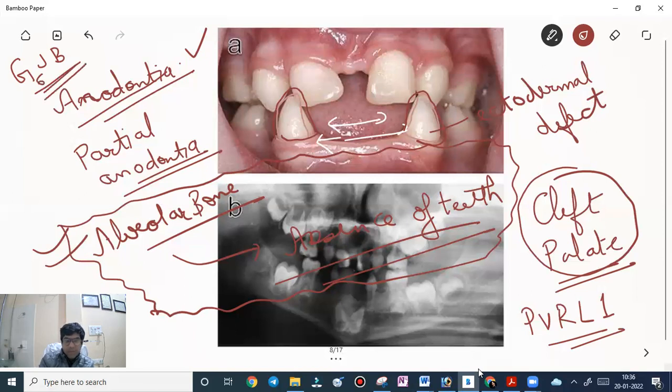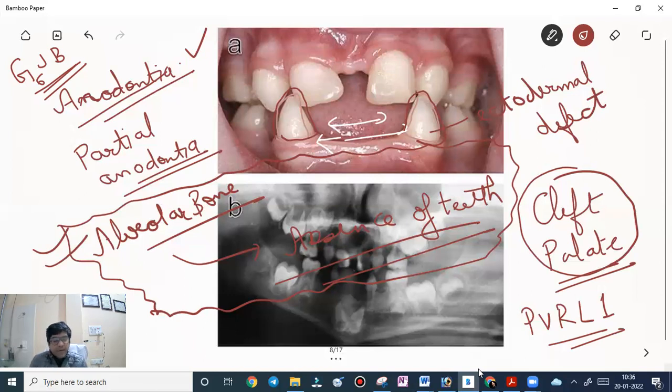So remember, for your exam, the gene that will cause hidrotic ectodermal dysplasia is the GJB6 gene. So two genes that you have to remember. One is the PVRL1 gene and the other is the GJB6 gene.